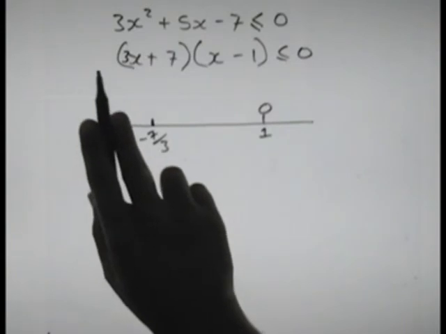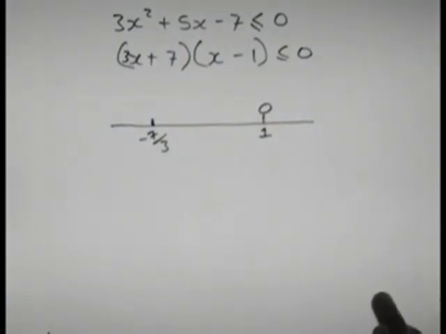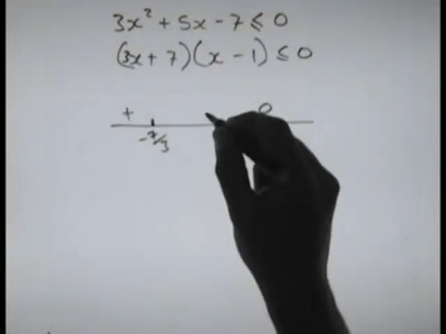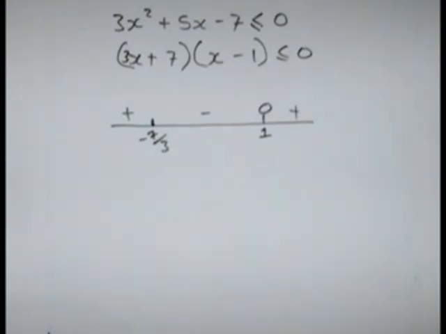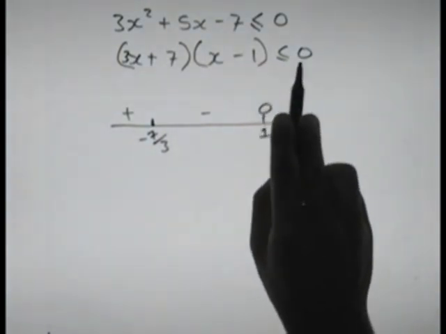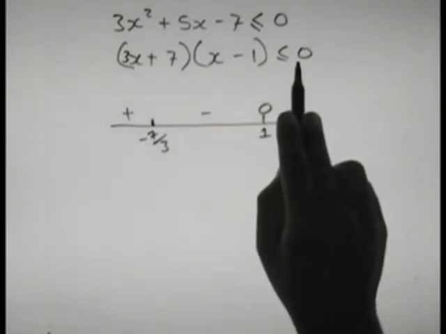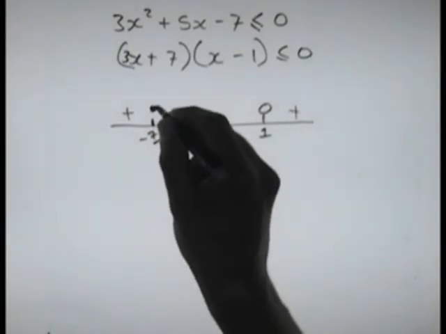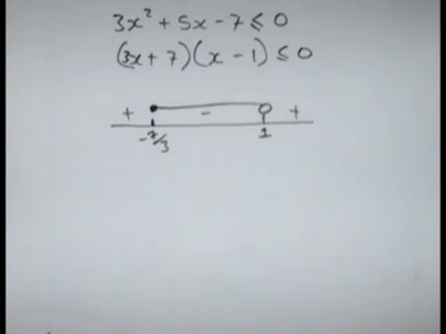Because when I factorized it out, it was a positive 3 in front of the x squared, the shape of it is going to be positive, negative, positive. We are looking for when it's less than or equal to 0, that is, when it is negative. So it's from negative 7/3 all the way up to 1.